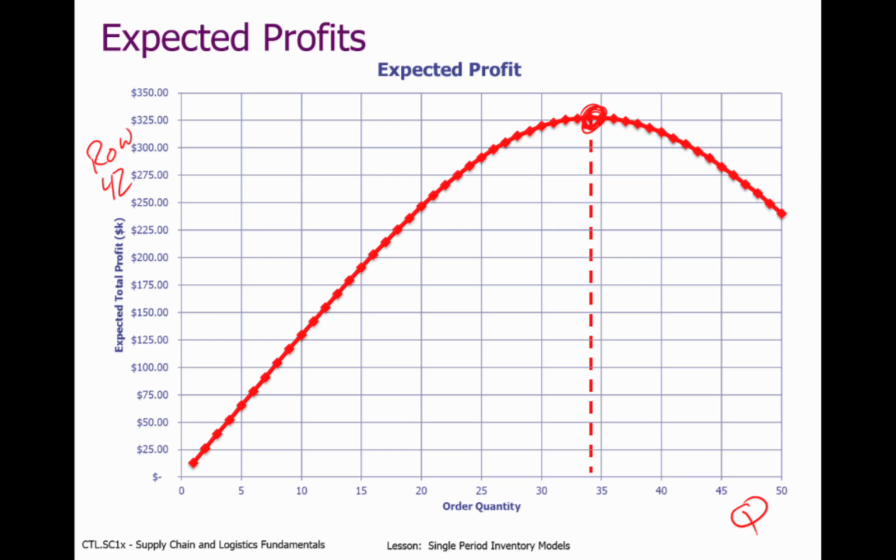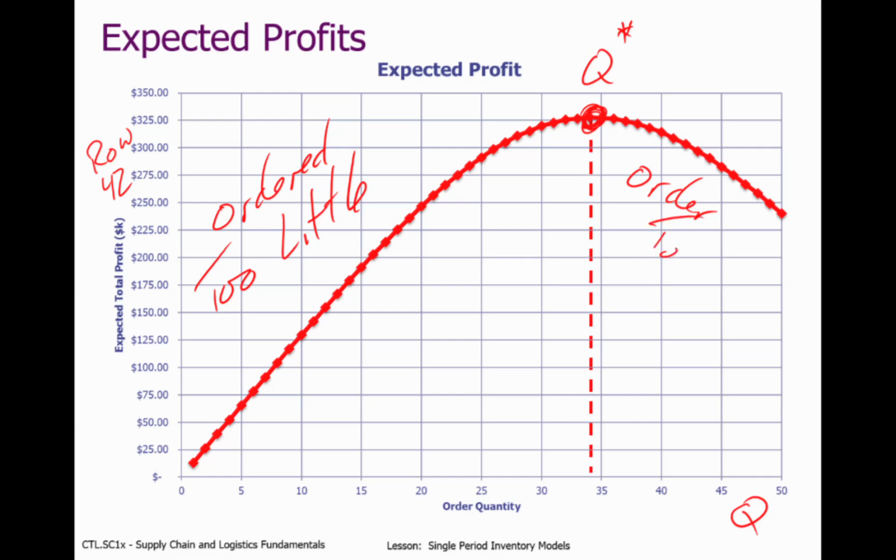The area to the left of that optimal quantity is where I ordered too little. And over on the other side is where I ordered too much.